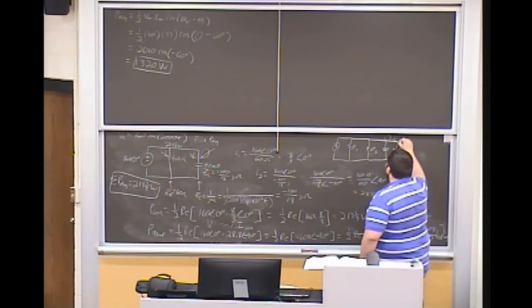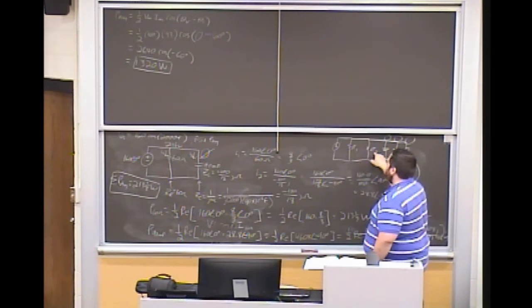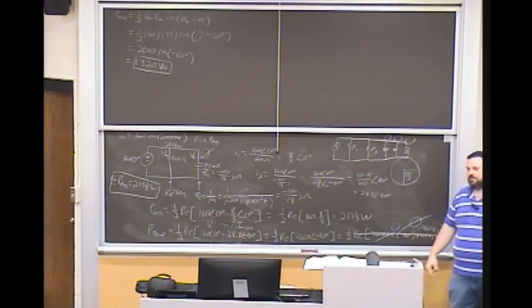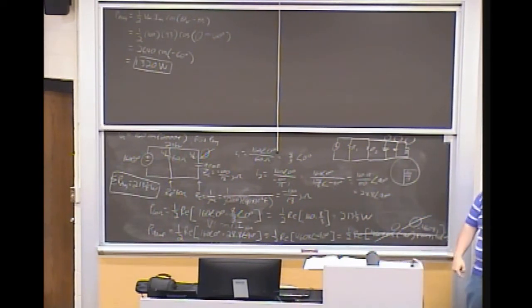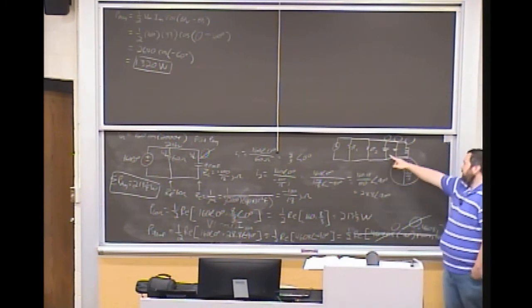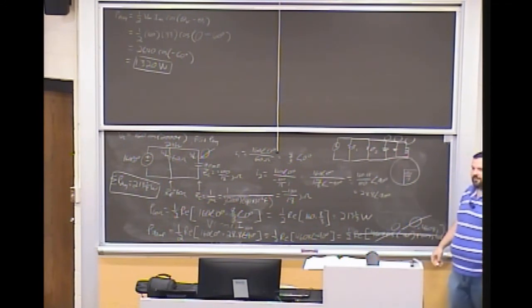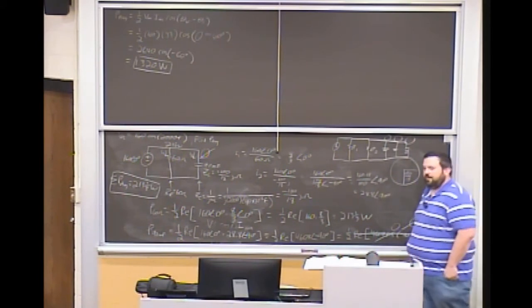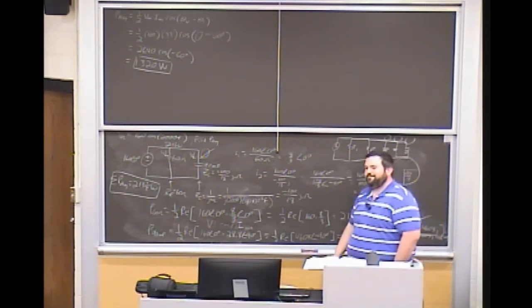This one's 0, this one's 0, this one's 0. If you want to just do a parallel equivalent of R1 and R2, then you can just do that for one branch, just looking at those in equivalence. You could, of course, do all this out, but I'm going to tell you, the real portion is going to go to 0 every time. So save yourself some time and just keep that trick in your back pocket and go, I know what this is. Boom, 0. Thank you.